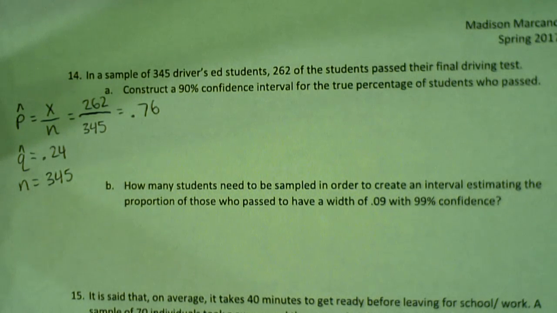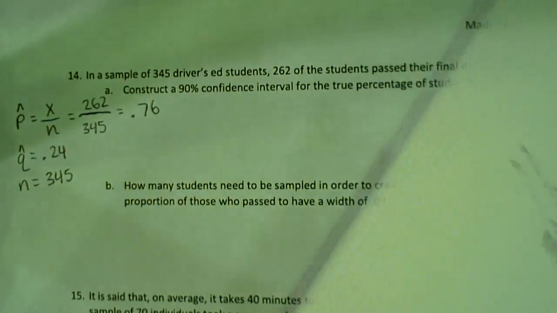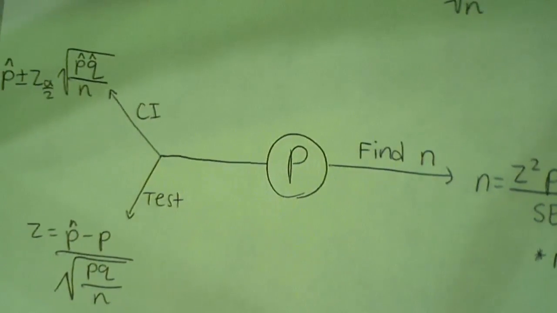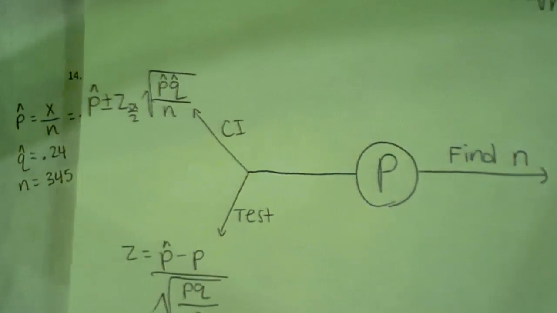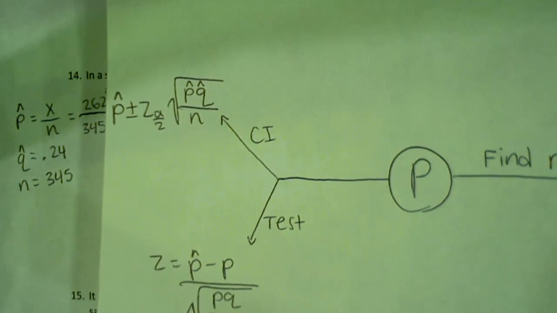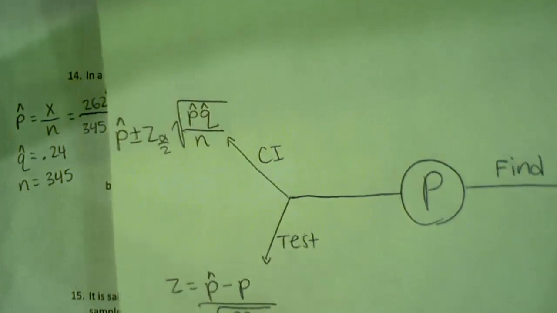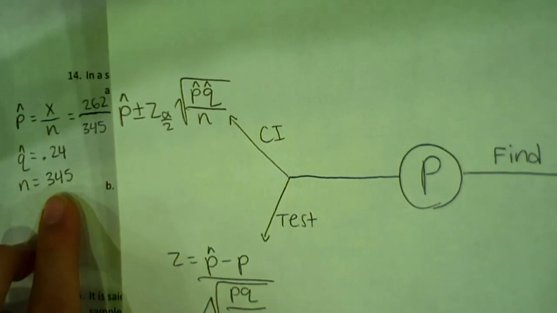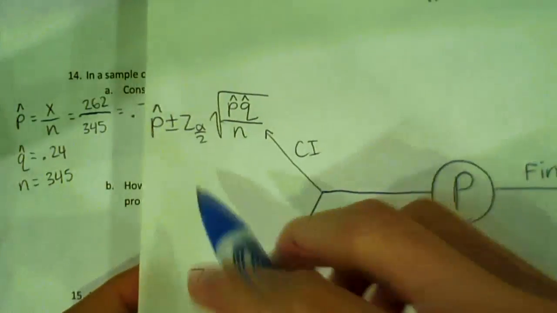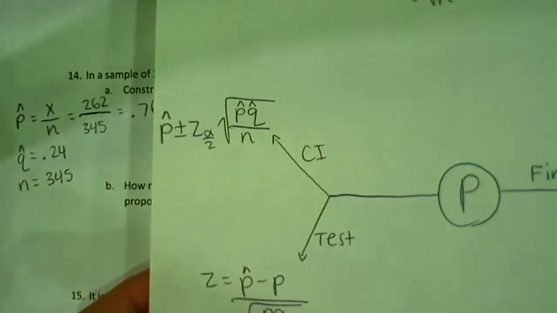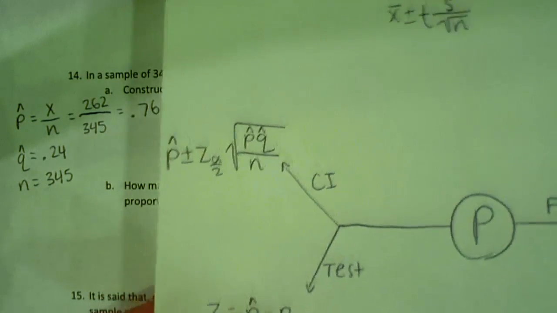Okay, and then just going back to here, right, we know our n is greater than 30, so we know we're going to be using the z-tables. Okay, so this is our formula.